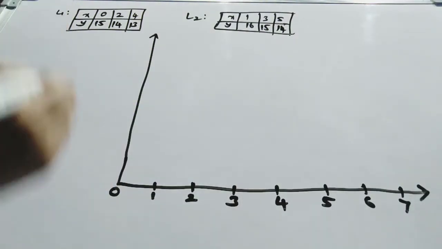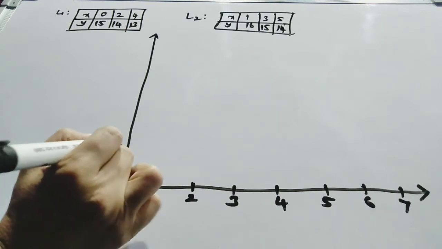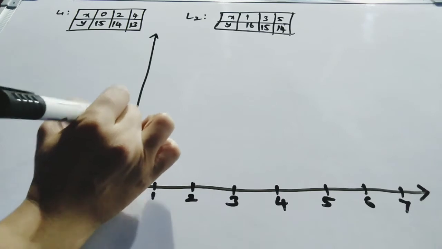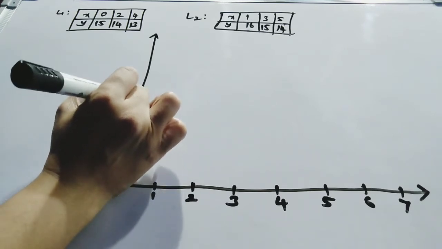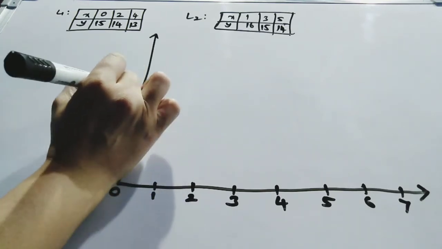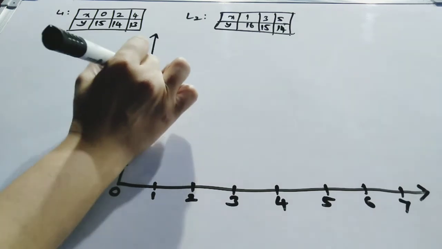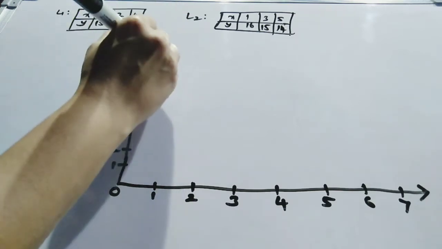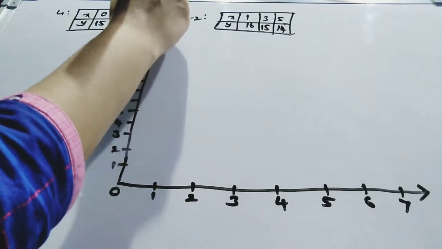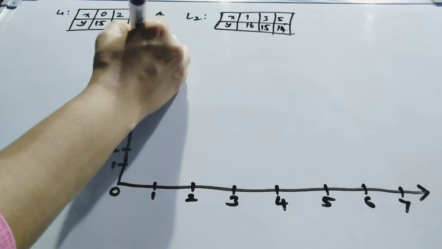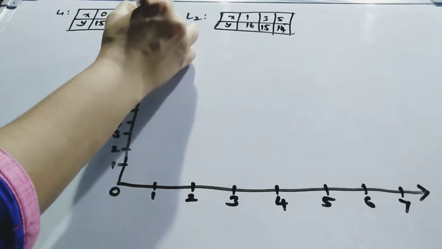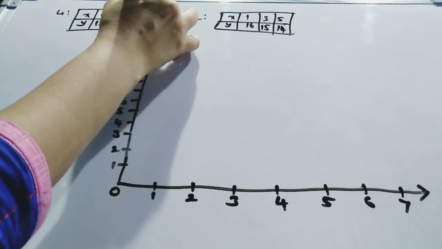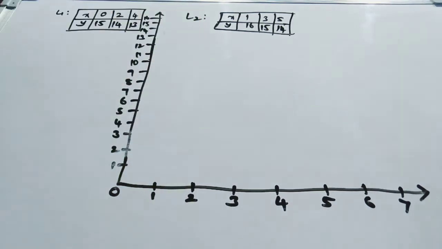Here the maximum value is 16. 1, 2, 3, 4, 5, 6, 7, 8, 9, 10, 11, 12, 13, 14, 15, 16.